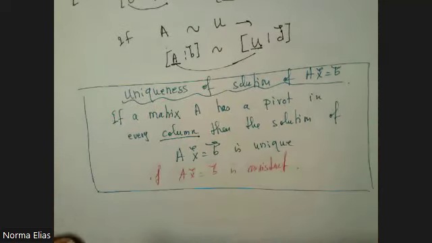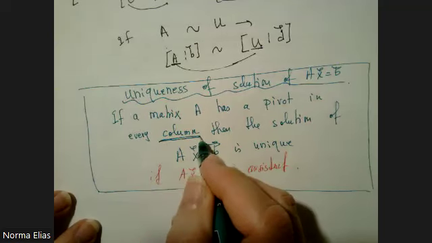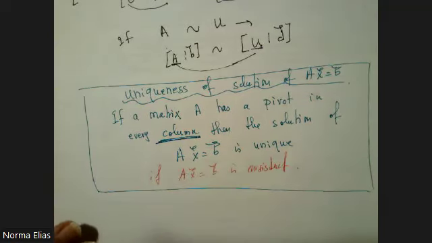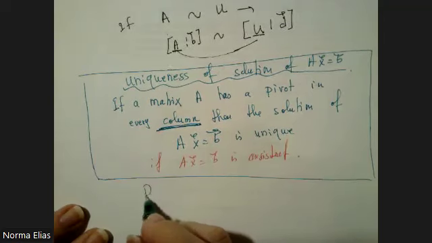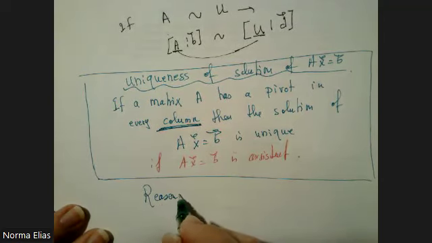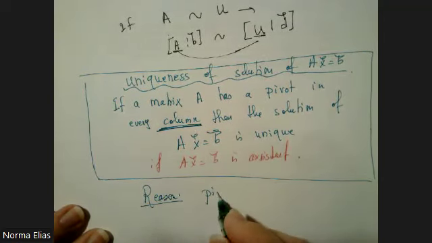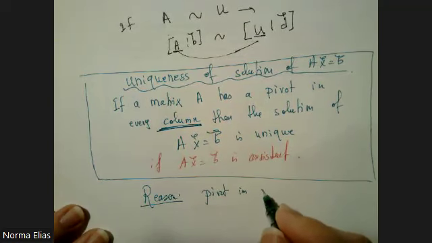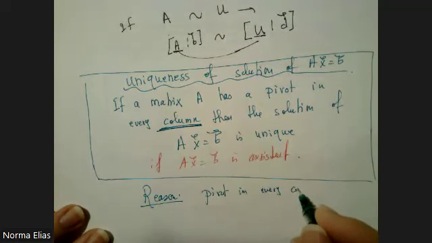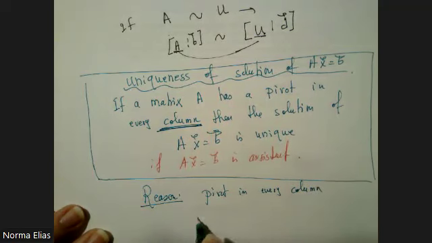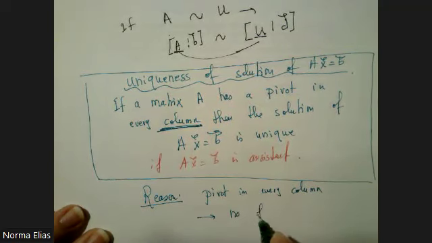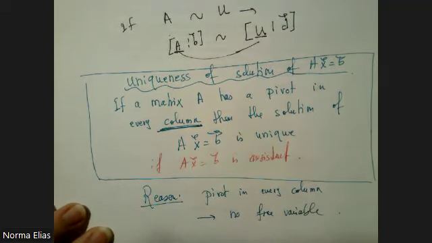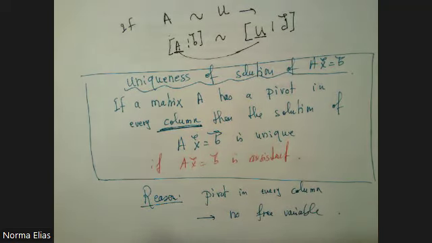So that will guarantee the uniqueness. So a pivot in every column always guarantees the uniqueness of the solution. And the reason is, as your classmate said, a pivot in every column tells me that there is no free variable. So the number of pivots tells me whether the solution is unique or not.